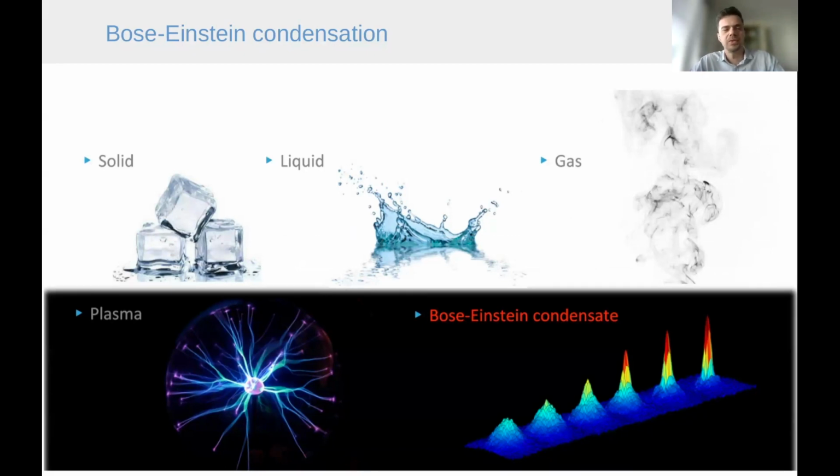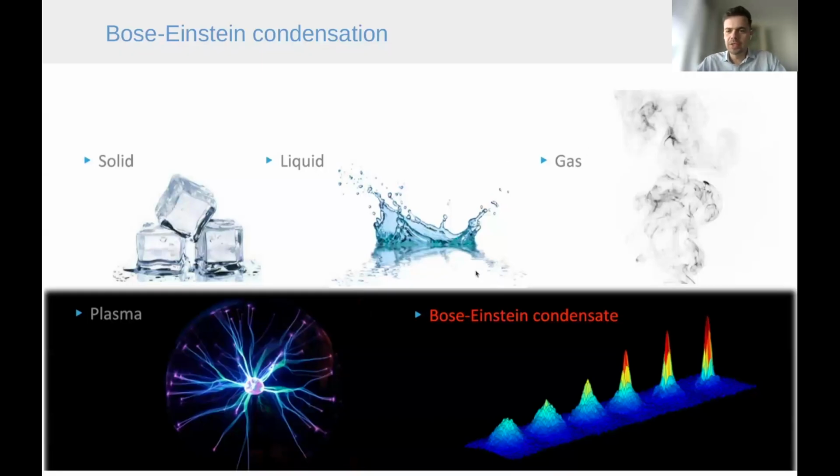We have, let's say, four states of matter that we experience in everyday life, and Bose-Einstein condensate is a state of matter that we cannot experience in everyday life. It can only be observed and measured in very special conditions, in particular in ultra-cold matter.